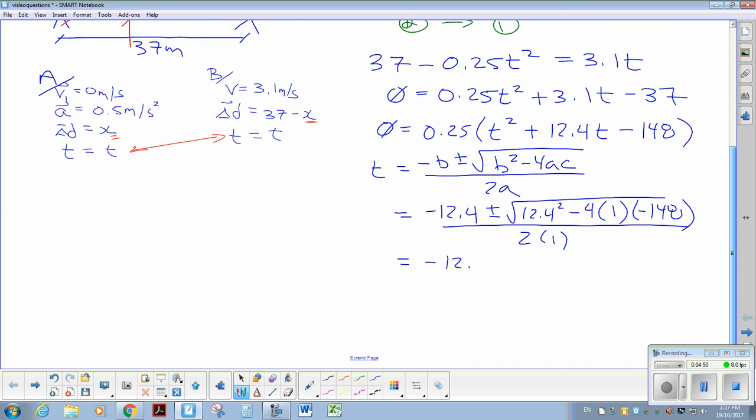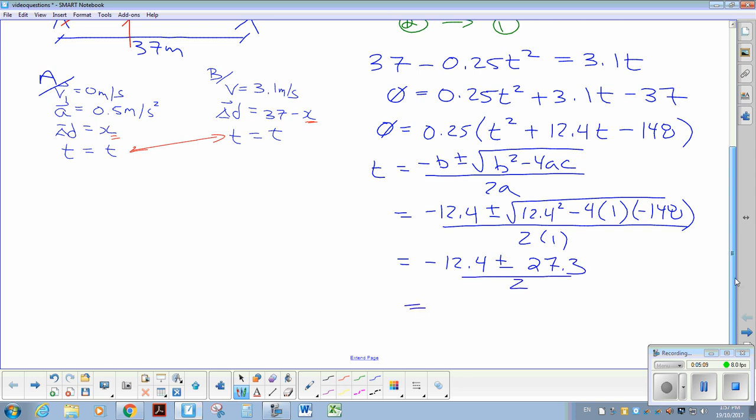Inside there, 12.4 squared minus 4 times the 1 times negative 148, I'm going to square root that. So I get 27.3 over 2.